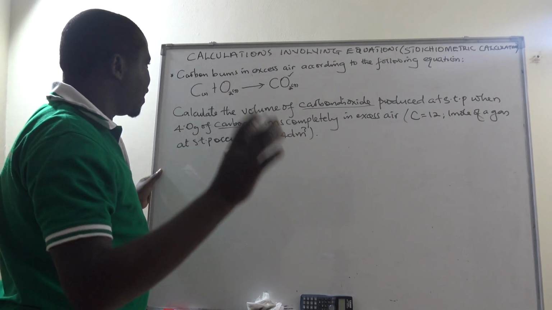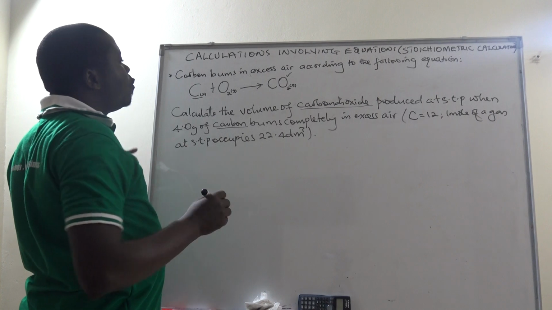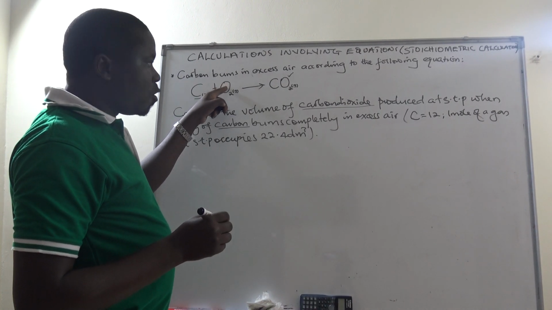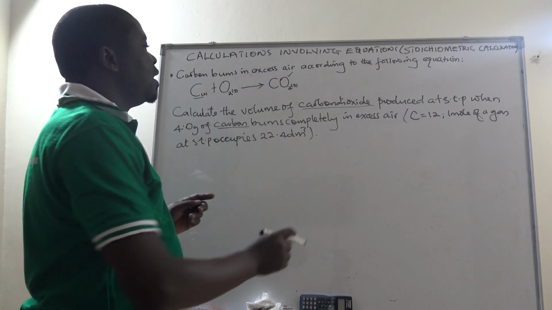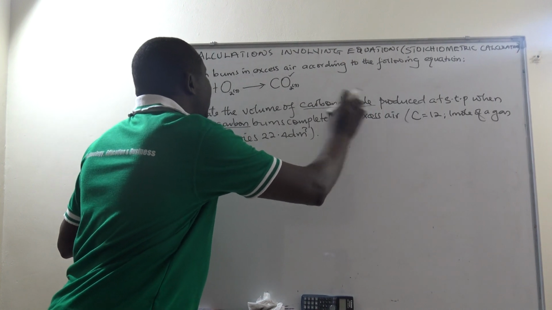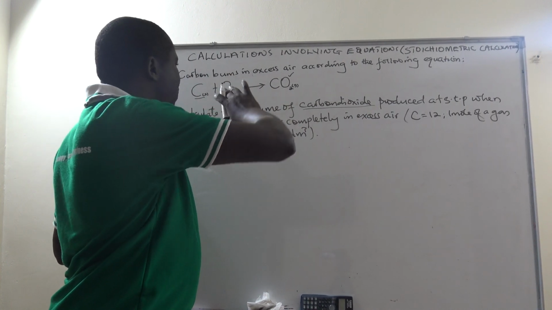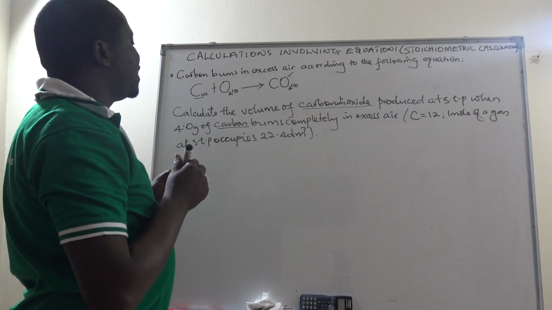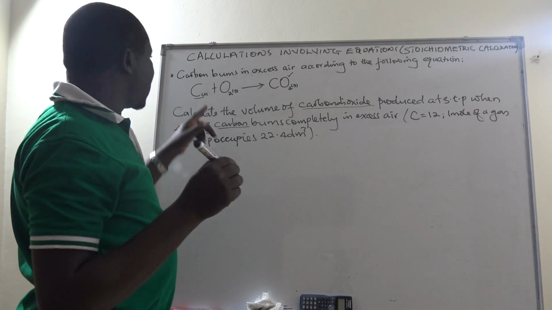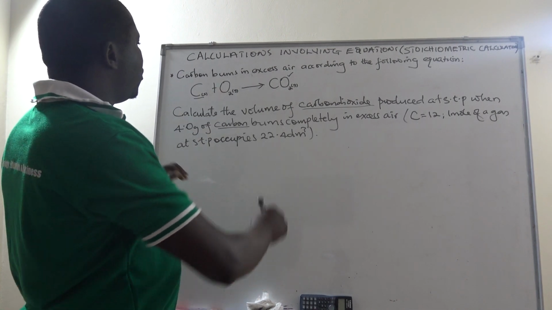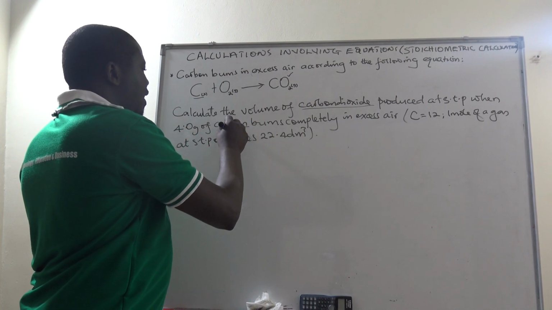We are also going to deal with carbon, meaning that we are not going to use oxygen in our calculation. The air is in excess. That means we have a lot of oxygen, and we have not been told the actual or the definite quantity of oxygen used here. So we are using carbon dioxide and then carbon.